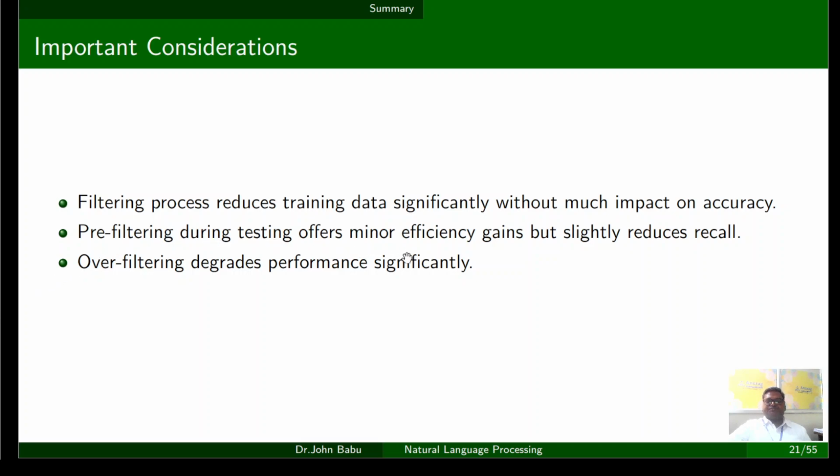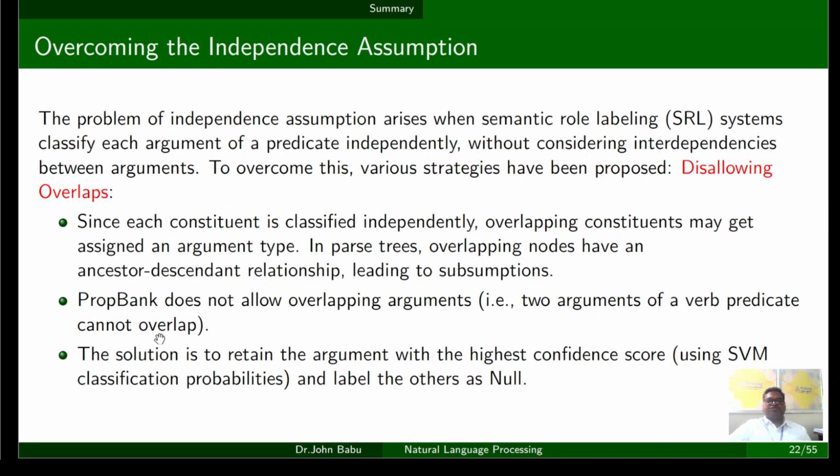Pre-filtering during testing also offers minor efficiency gains, but not much increase. But if you filter more and more, that may have a dampening effect on the performance.